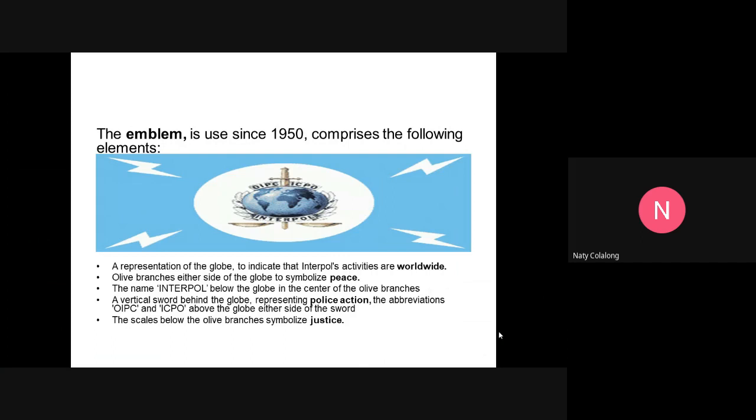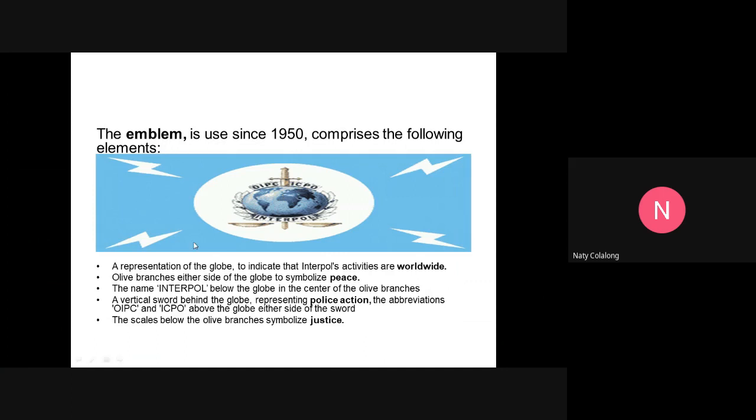The emblem is used since 1950 and it comprises the following elements. A representation of the globe, to indicate that Interpol's activities are worldwide.